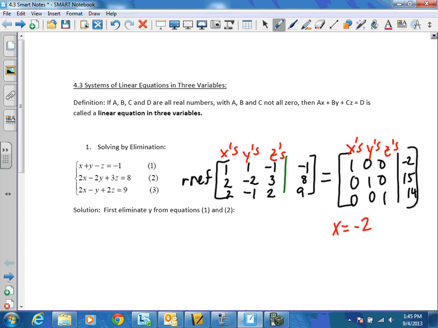That's what that line says. What does that next line say? Y equals 15. And the last one says Z equals 14.